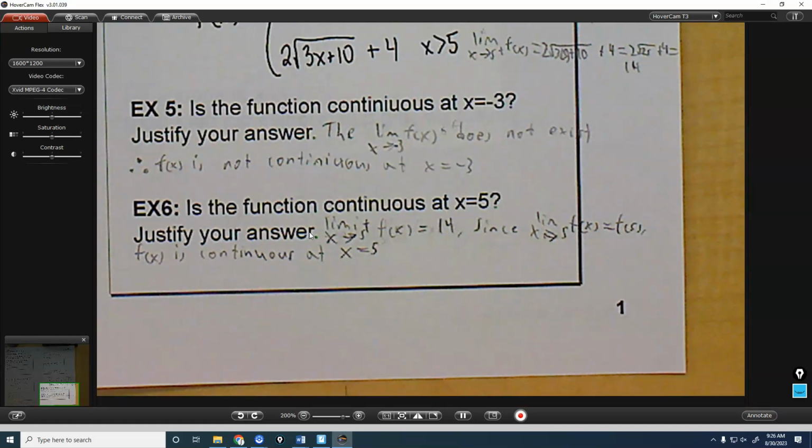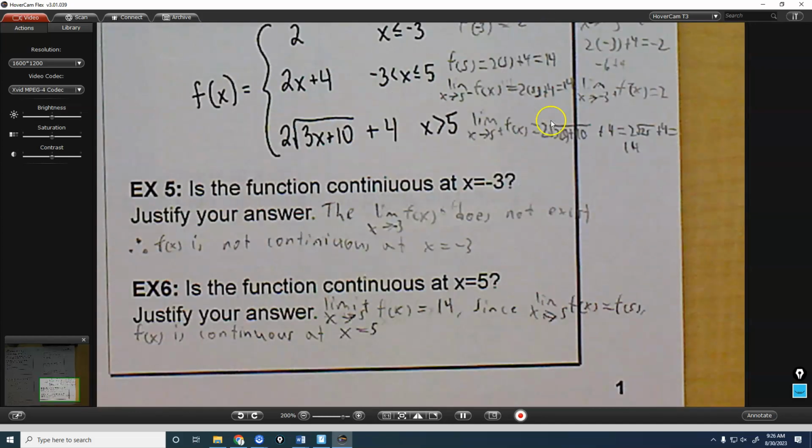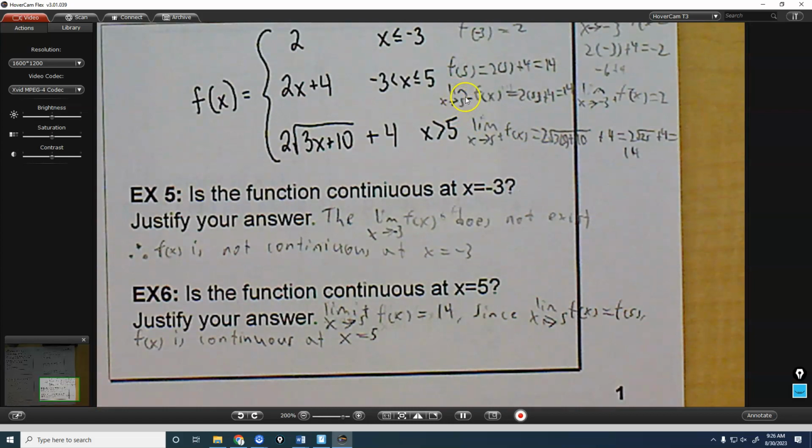So Joshua showed work up here for finding the limit as x approaches -5 of f of x, and the limit as x approaches 5 from the right of f of x, and he got 14 for both of those. I realize I don't have a lot of room on this paper, you'd put it all together, but you would have plenty of room on a real assignment.